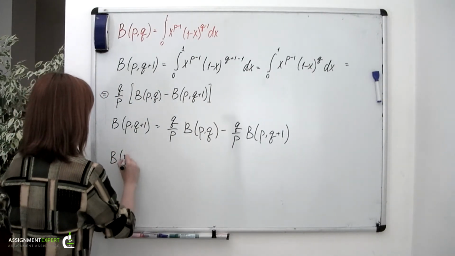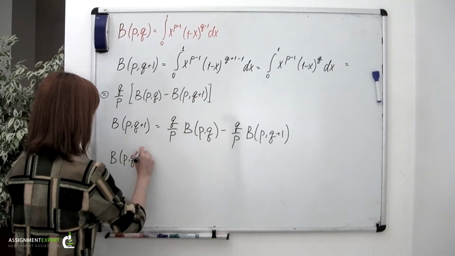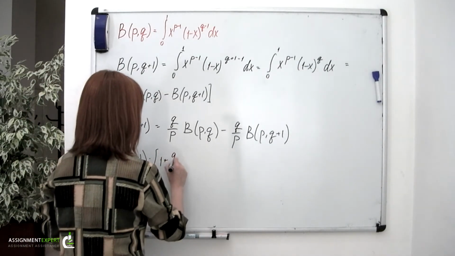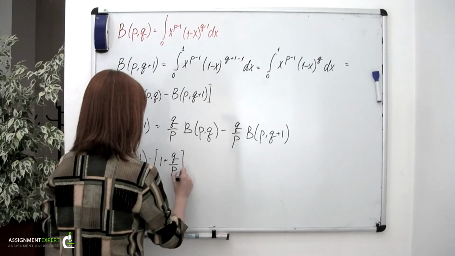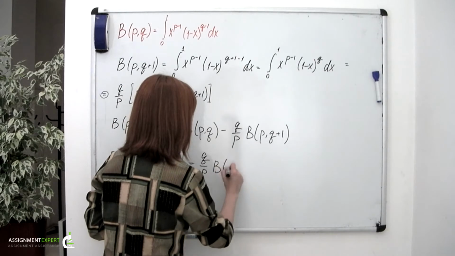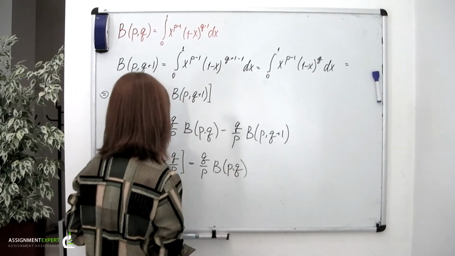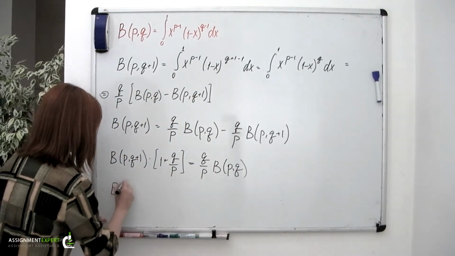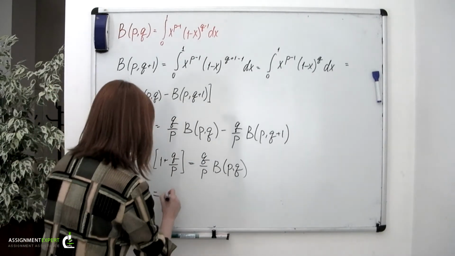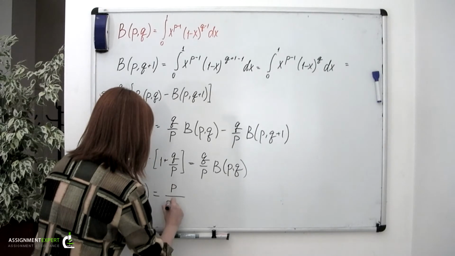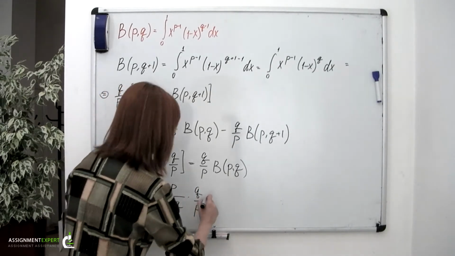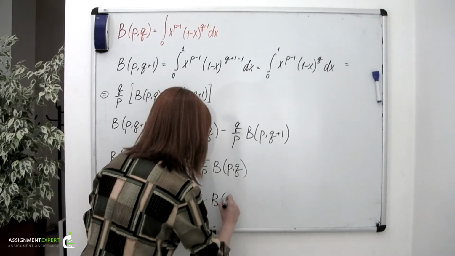Beta of p and q plus 1 times 1 plus q over p equals q over p times beta of p and q. Beta of p and q plus 1 equals p over p plus q times q over p times beta of p and q.